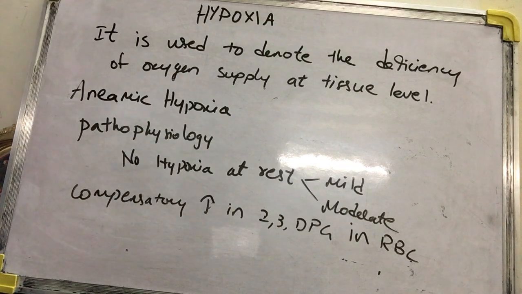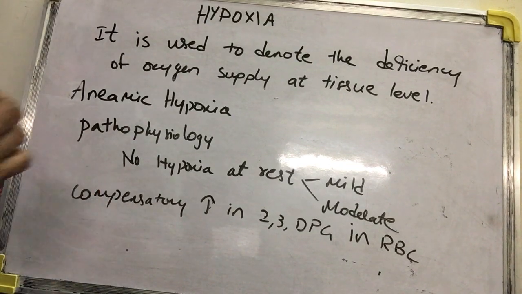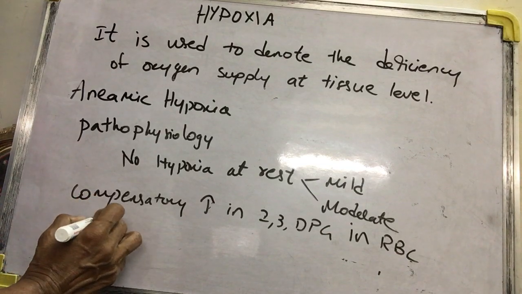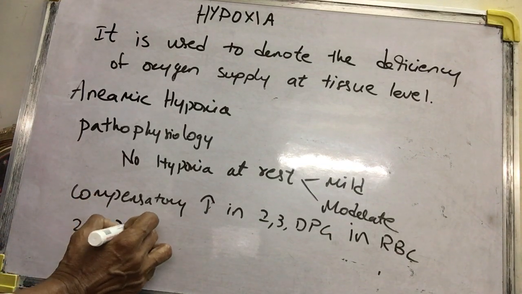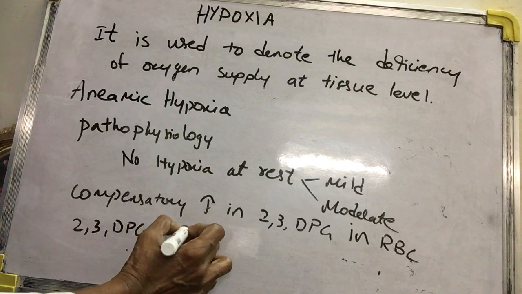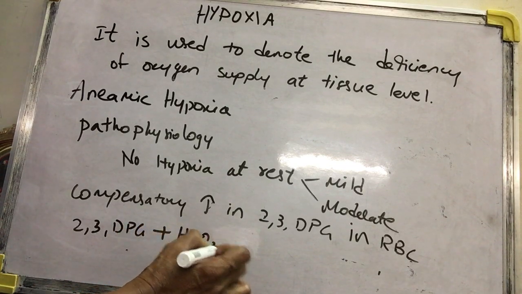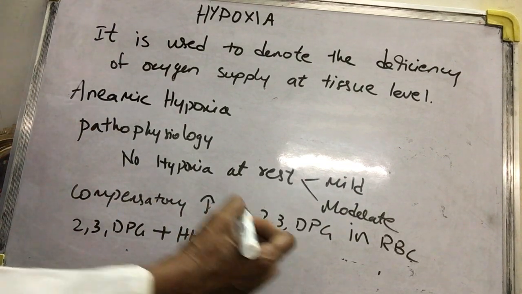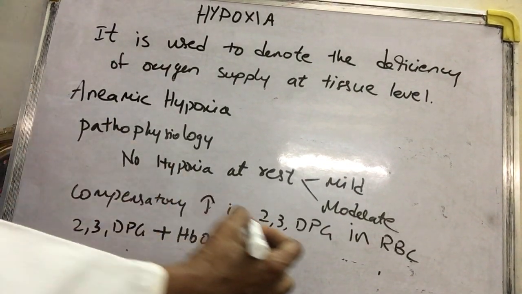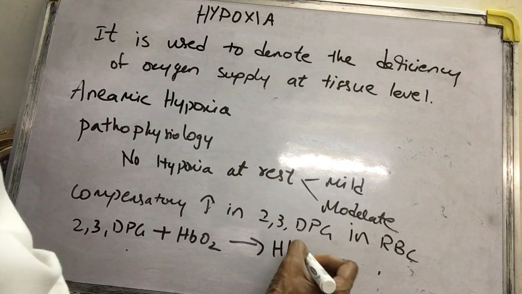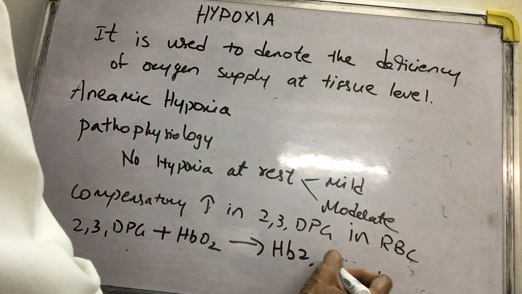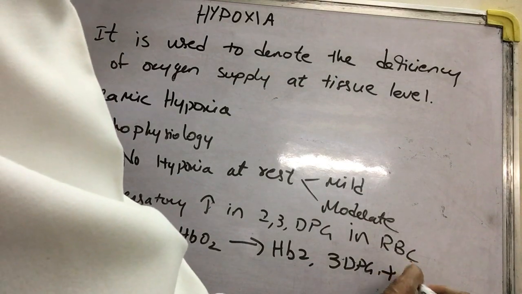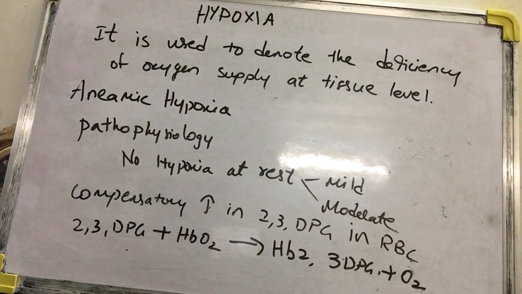And this 2,3 DPG combines with oxyhemoglobin and forms Hb and 2,3 DPG and liberates oxygen.